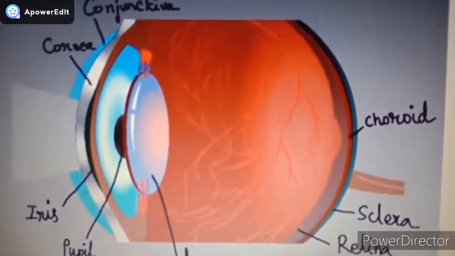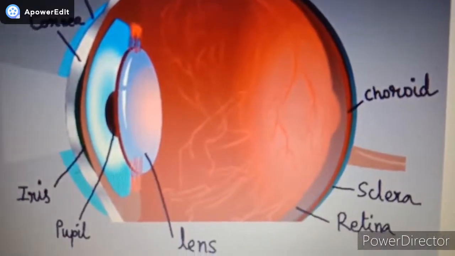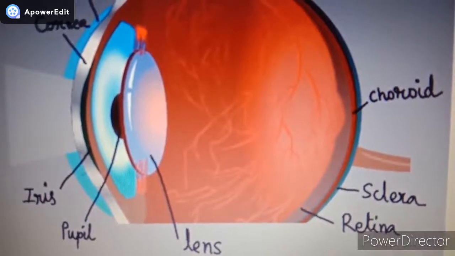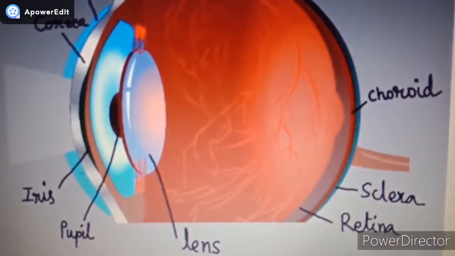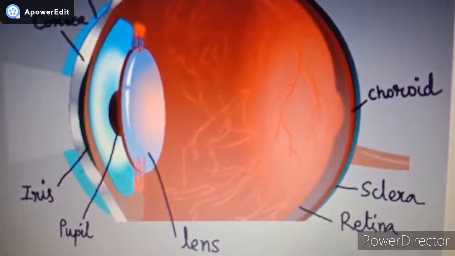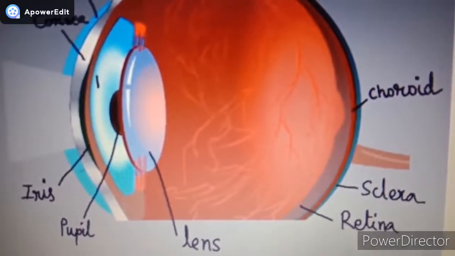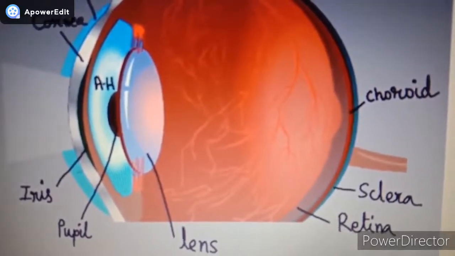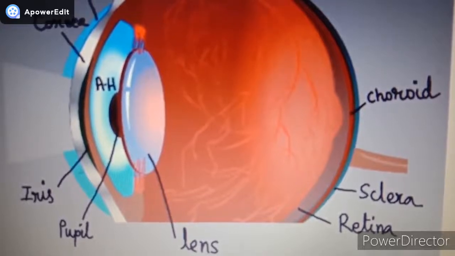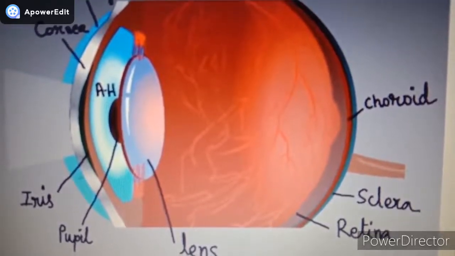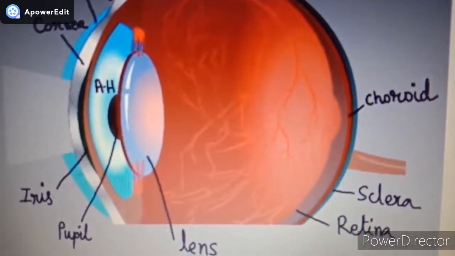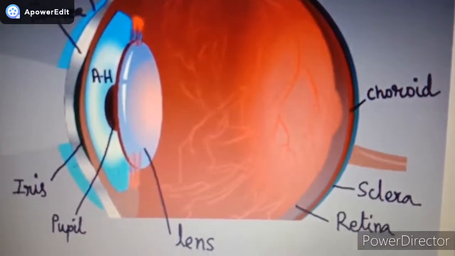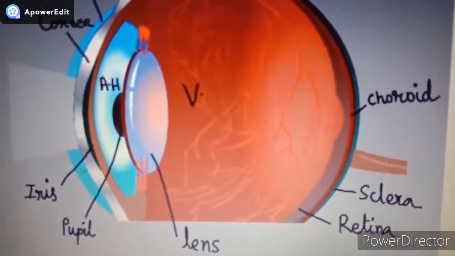Now the lens divides the eye into two chambers, aqueous chamber and vitreous chamber. The aqueous chamber is full of a liquid known as aqueous humor. I already discussed this with you in this video in the starting. AH is a short form of aqueous humor, and the chamber with the vitreous contains a fluid known as vitreous humor.